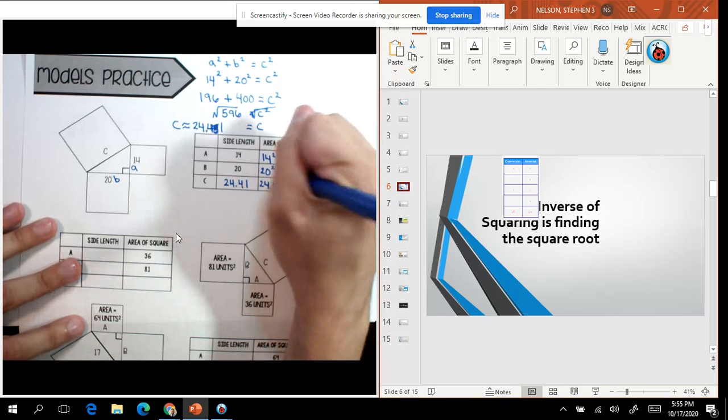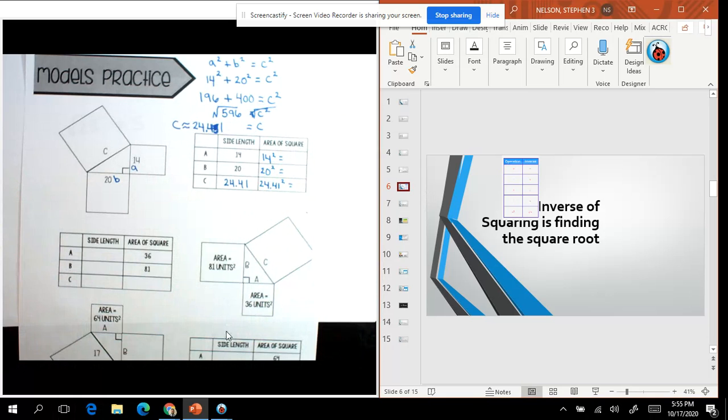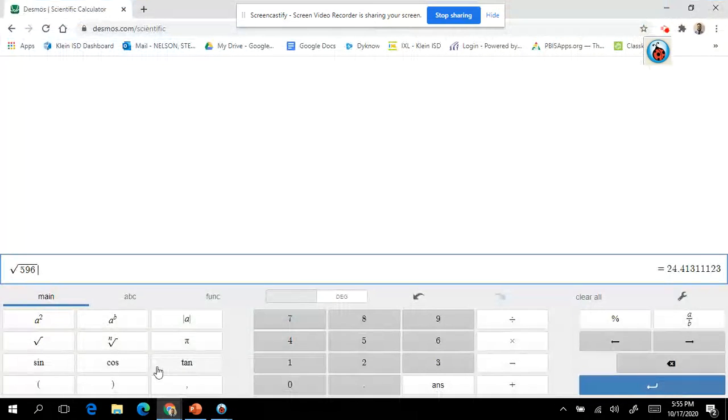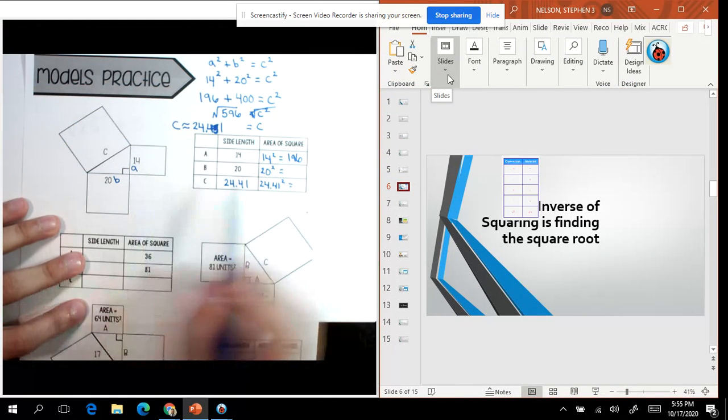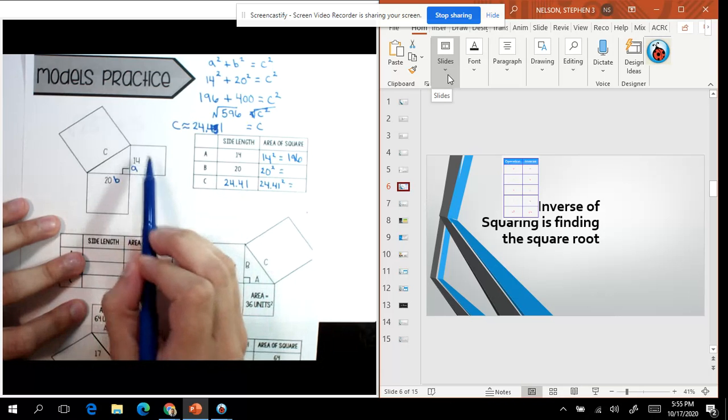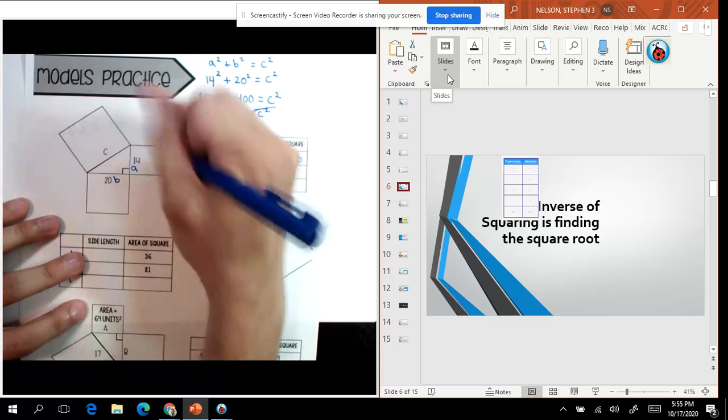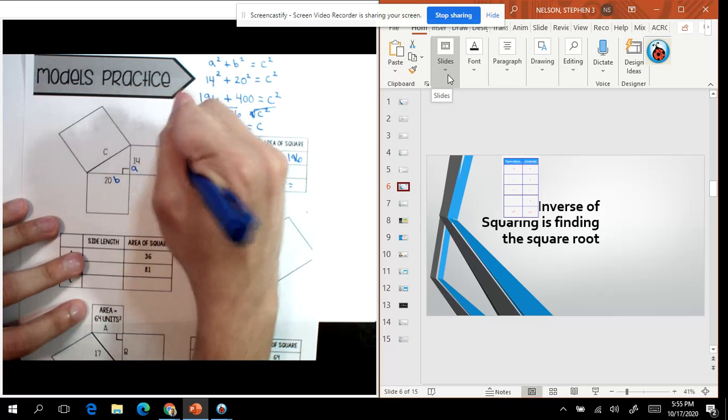So 14 squared. Let's pull up Desmos. Here, 14 squared, which is 196. So the area of the square for A, 14 squared, is 196.